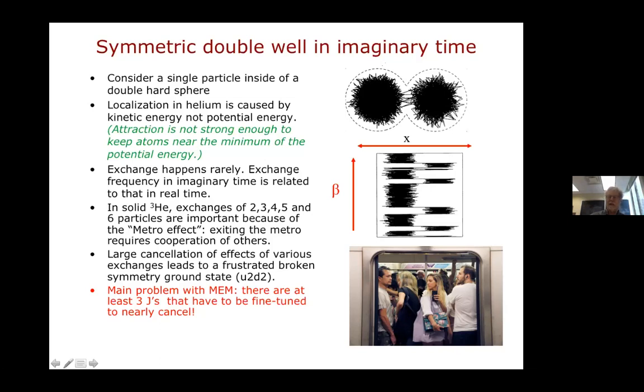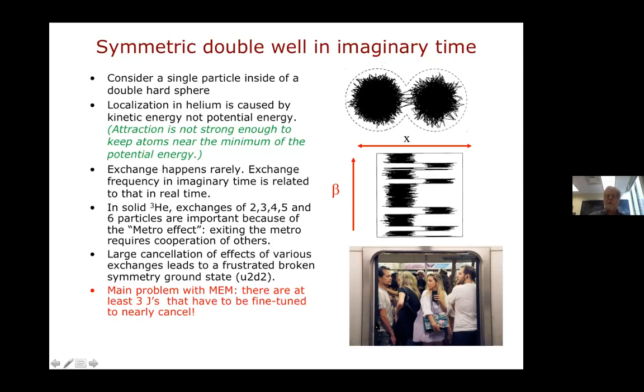And basically, in order for, say, a person back here to get off, maybe these people have to get off to make a passageway, or else there has to be a rotation of the people. And it's this effect which causes long ring exchanges to be favorable. That would be true in a metro too. If it wasn't crowded, then people wouldn't bother to move out of the way when somebody wanted to get off. But if it's crowded, there has to be a cooperative motion in order for people to get off.